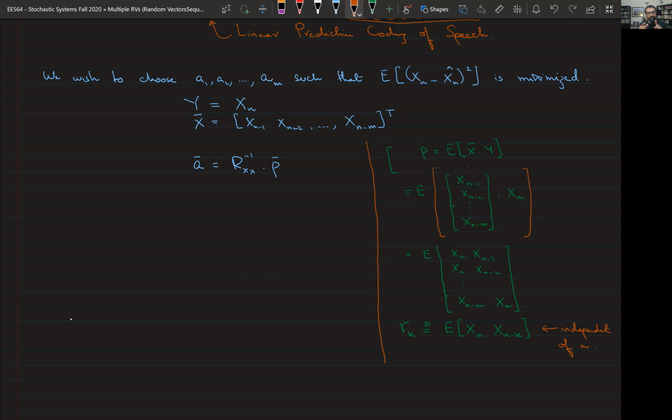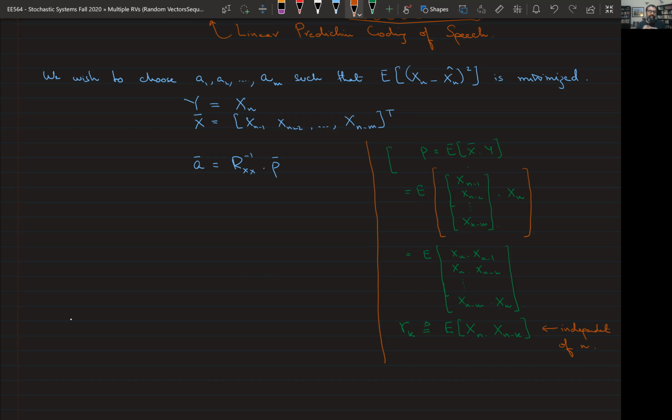In other words, when I'm taking the correlation between two samples of the speech signal, the correlation between those two samples is actually a function of the separation between the two, and not of where I'm taking the sample. Do you get that?